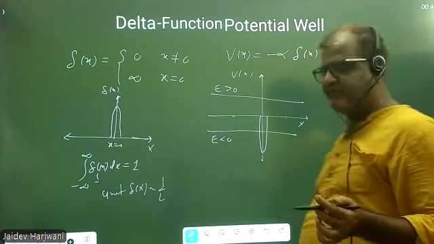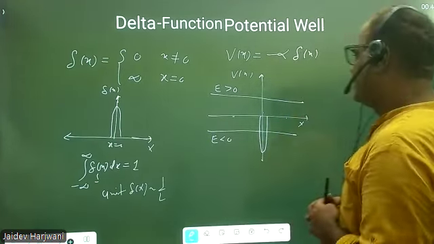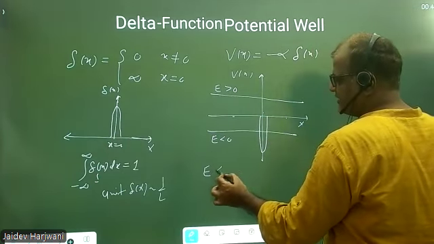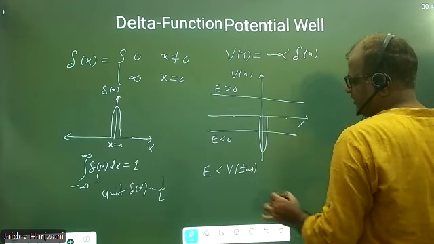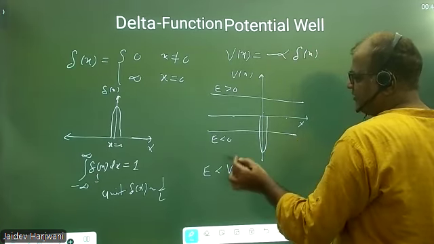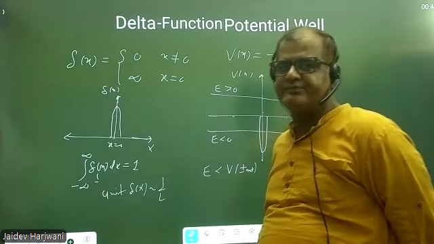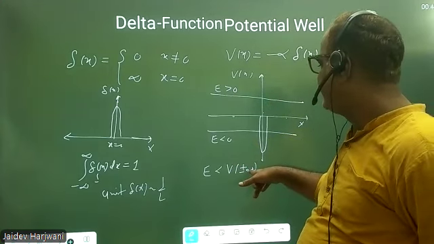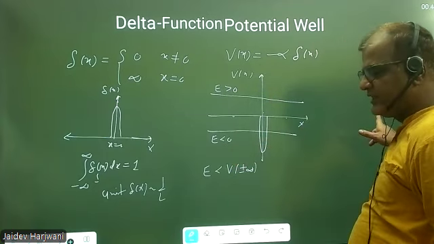In my last video, we discussed the condition for the bound state and scattering state, where I told that whenever the total energy is less than the potential at plus minus infinity, then the solution of the Schrödinger equation will be a bound state solution. Here V at plus minus infinity is 0, because if x tends to infinity, then the potential is 0.